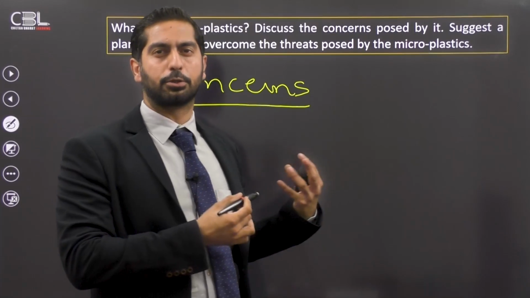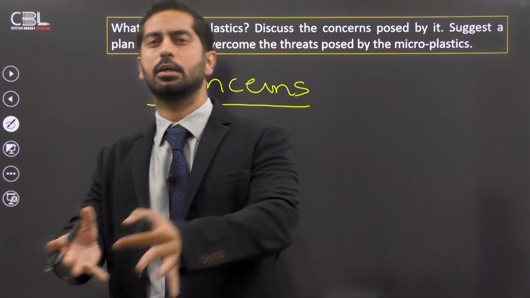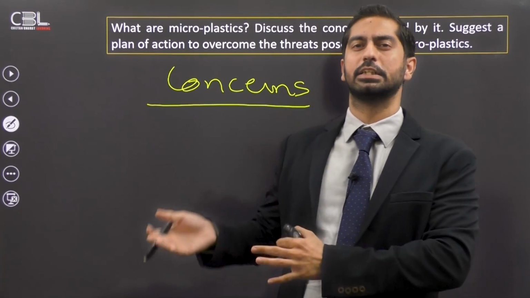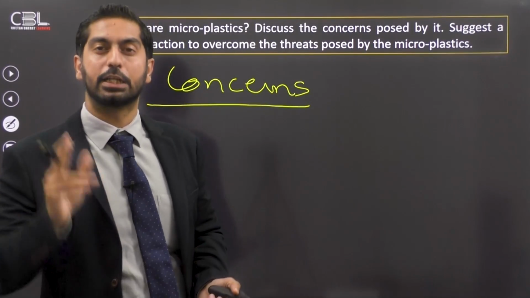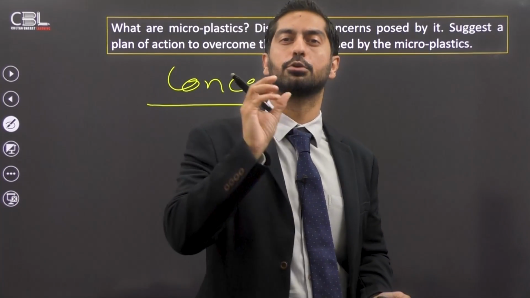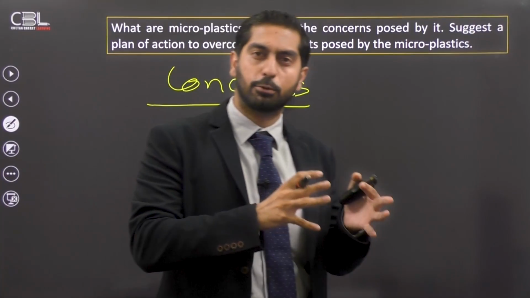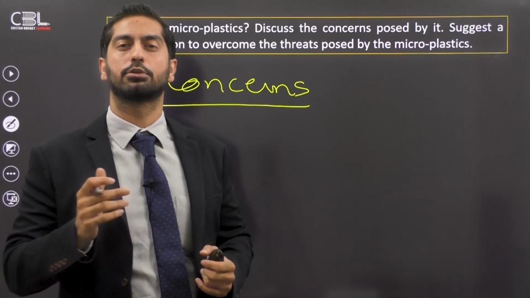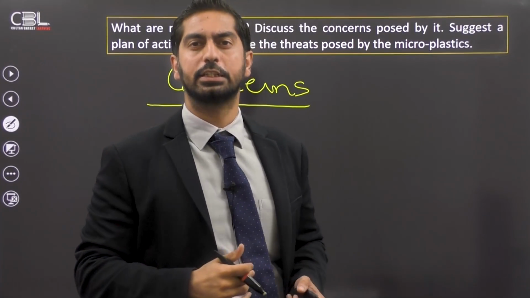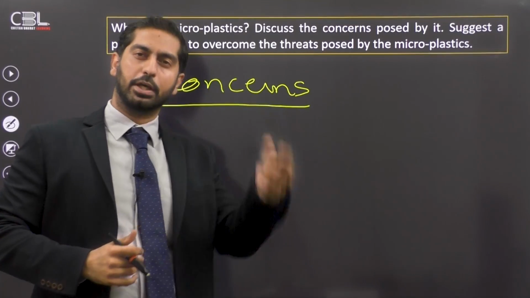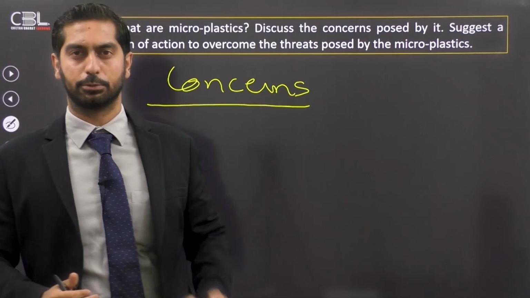We use microbead products, and those microbeads get discharged into the sewage, and sewage goes to the sewage treatment plants. But the sewage treatment plants are not able to filter or treat those microbeads. So they go into the river sources, natural water sources, into which the treated sewage water is discharged. From there, most probably they'll go into the rivers, and from the rivers they end up in oceans.